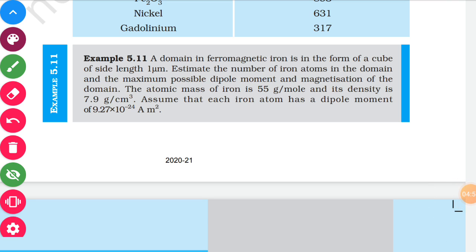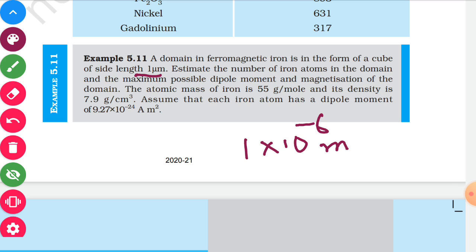Now example 5.11. A domain in ferromagnetic iron is in the form of a cube of side 1 micrometer length. 1 micrometer length means 1 into 10 raised to minus 6 meter. Estimate the number of iron atoms in the domain and the maximum possible dipole moment and magnetization of the domain.